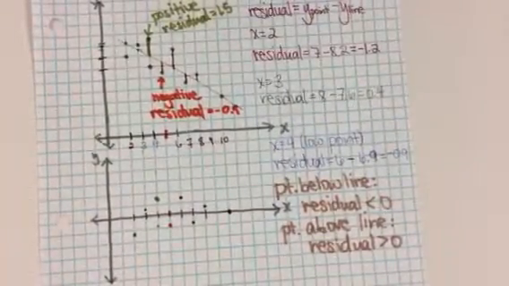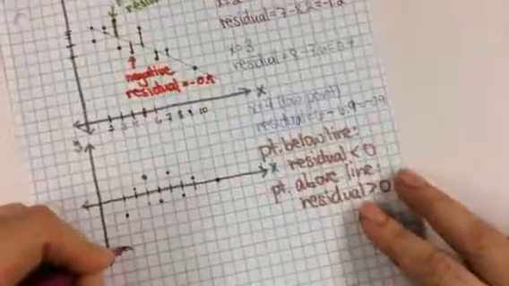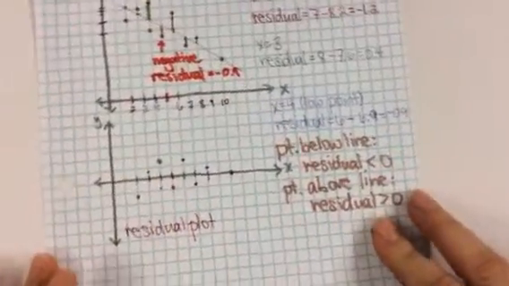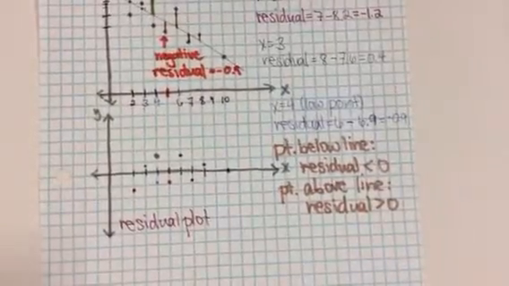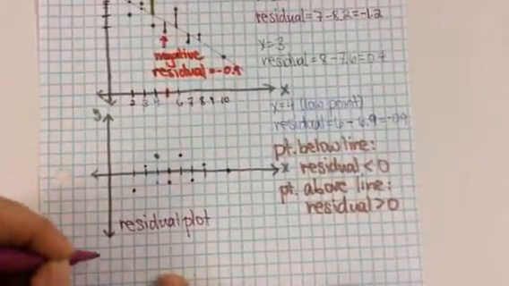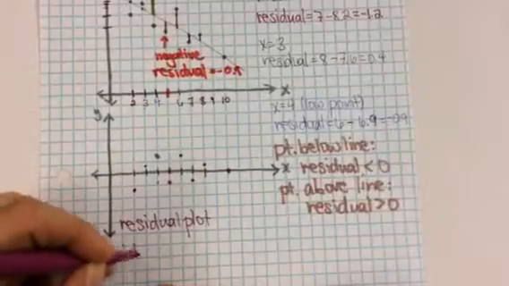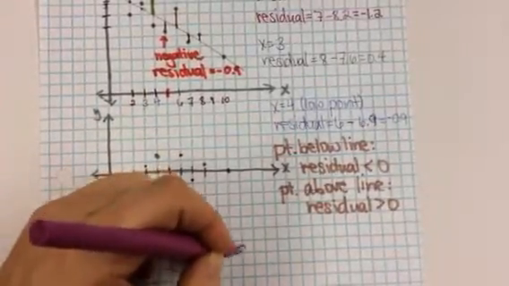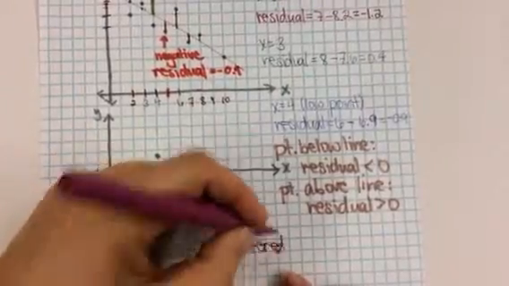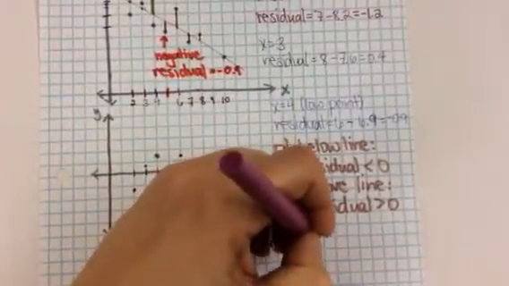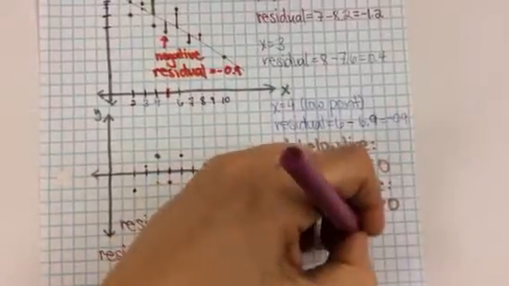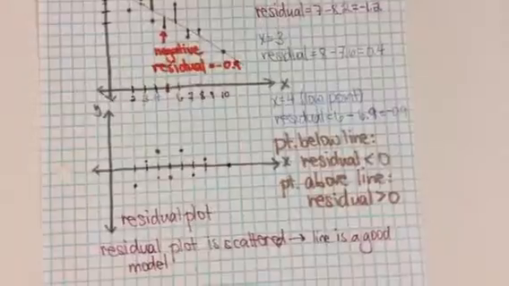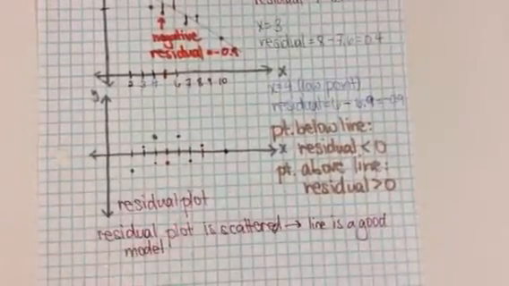Okay? So the residual plot tells us if a line is a good model. Okay, if the residual plot is scattered, then a line is a good model. So this looks fairly scattered to me.